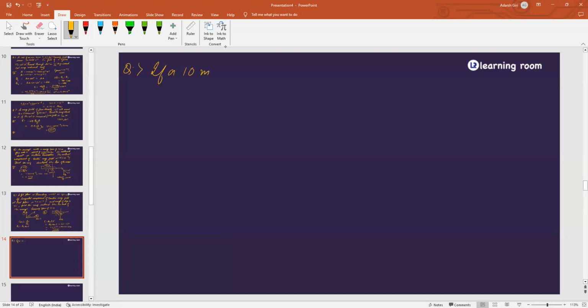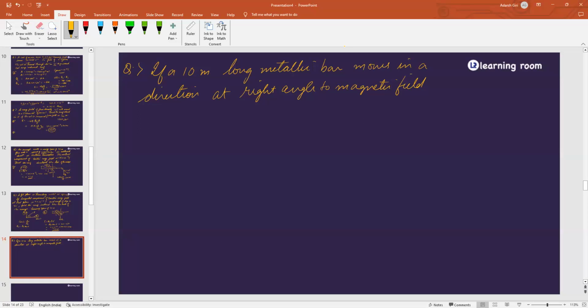If a 10-meter long metallic bar moves in a direction at right angle to a magnetic field with a speed of 5 meter per second, 25 volt EMF is induced.